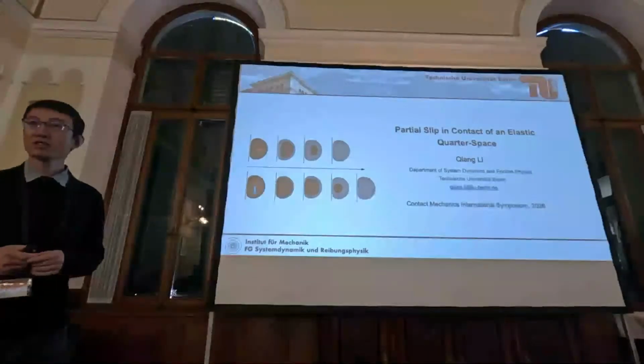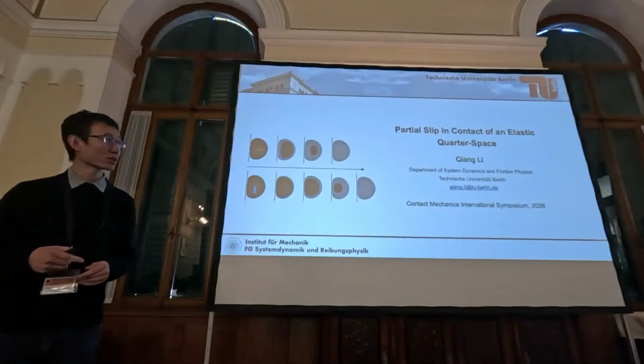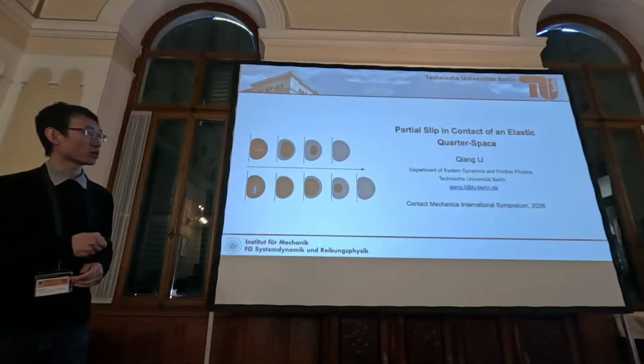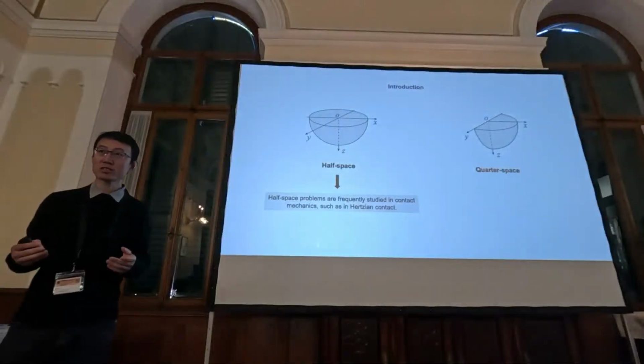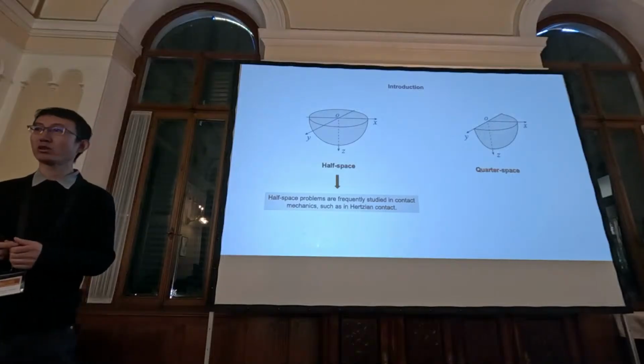My topic today is partial slip in contact of an elastic quarter space. So the keywords here are these two, one is partial slip and one is quarter space. So we are working in the area of contact mechanics.